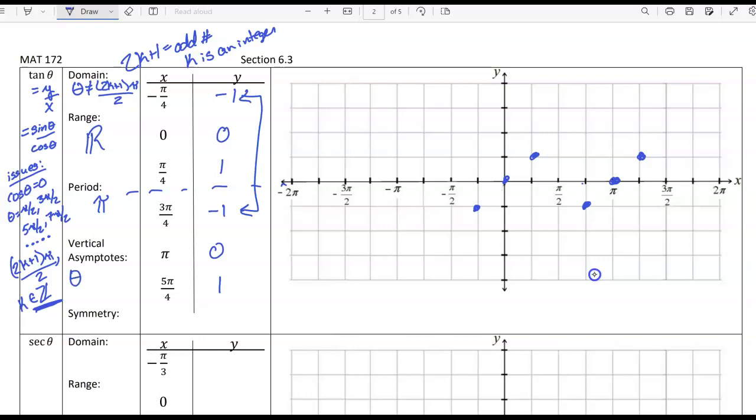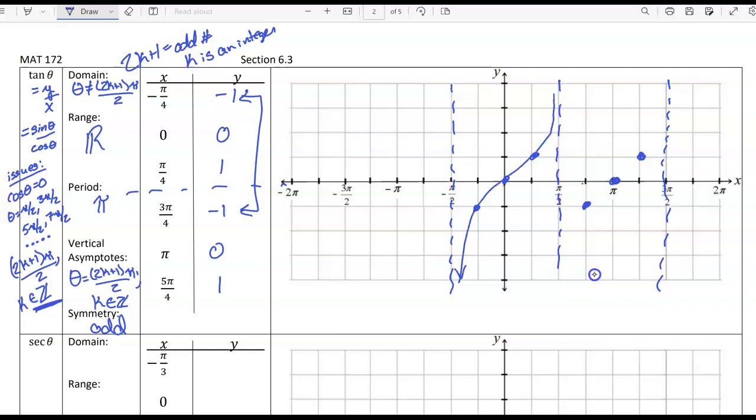They happen where, and I'm going to use theta here, (2k plus 1) pi over 2 for k being an integer. Tangent function is an odd function. So if we were to draw in those asymptotes, we're going to have an asymptote here, we're going to have an asymptote here, and we're going to have another asymptote here. So here's your tangent function and what it looks like.